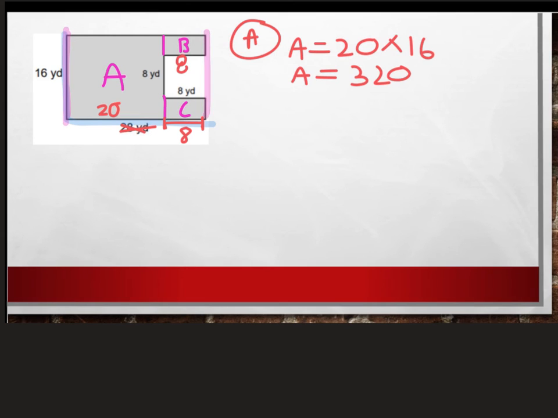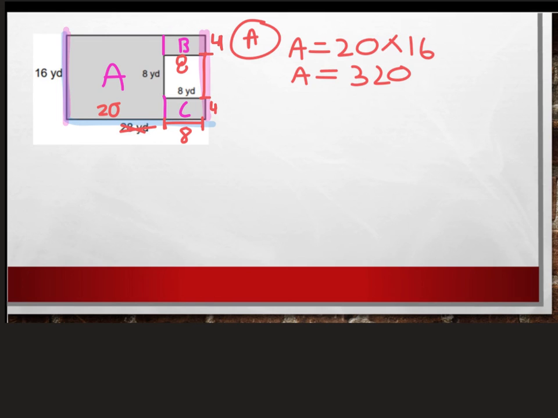So that means this whole side length would be 16. We do know this little part right in between, from here to here, is also 8 because they gave that to us right there. So if I take 16 and subtract out 8 yards, that means I have another 8 yards to split between those two shapes, which would make the height of both of those 4.